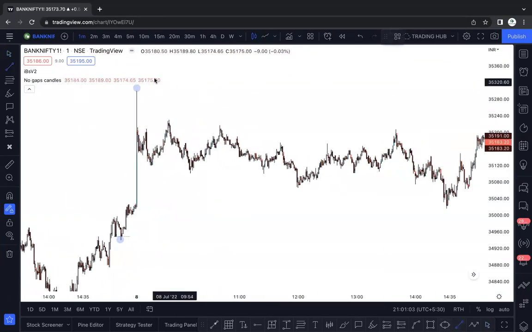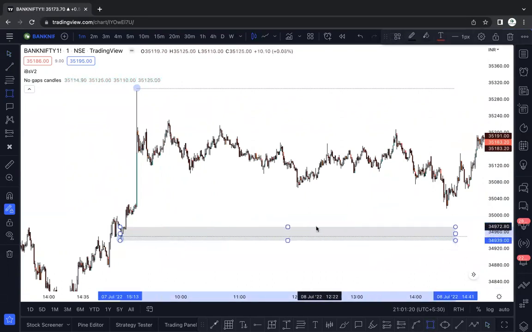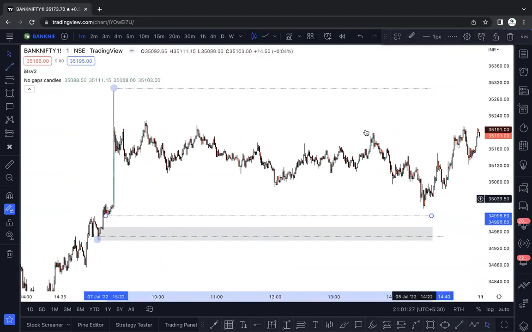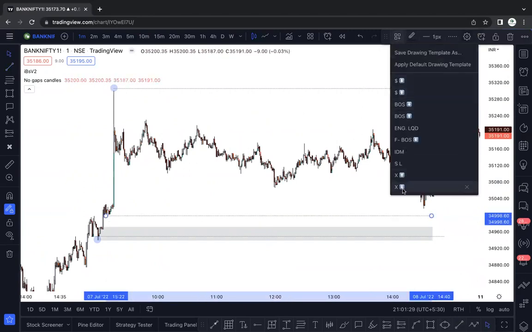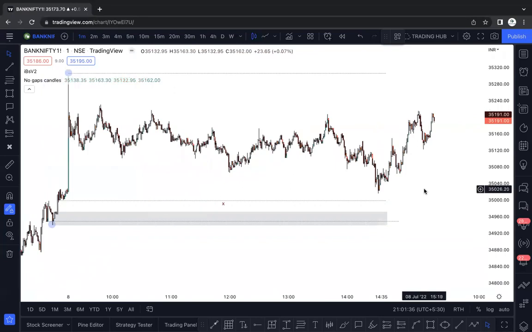And if the market is ranging between this high and low, as I told you in the video session, bullish or bearish doesn't matter. The price must come back here, because this is a zone where we can take a buy entry, and this low acts like an inducement. If the market trades below this, then you can take a risk for the buy.